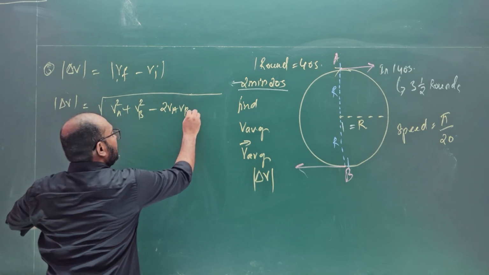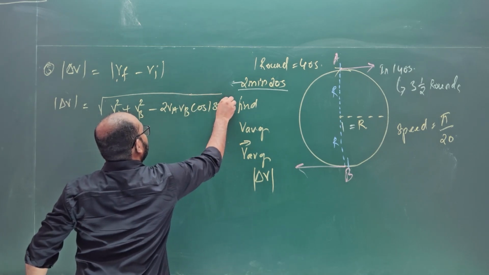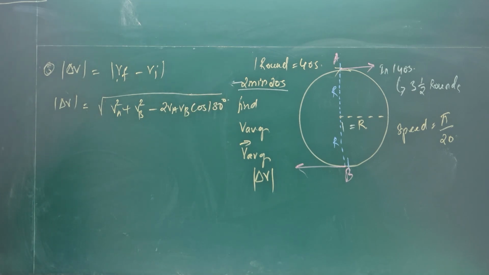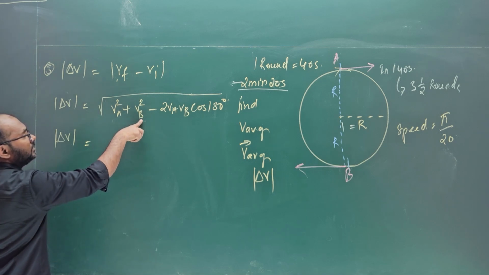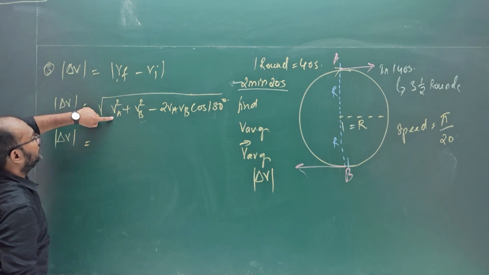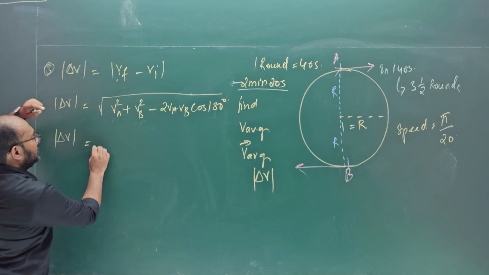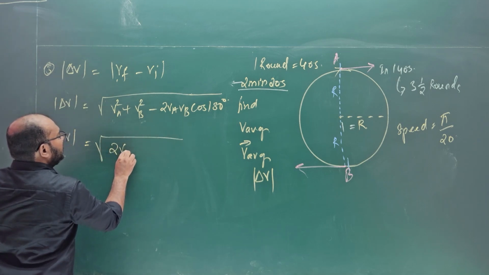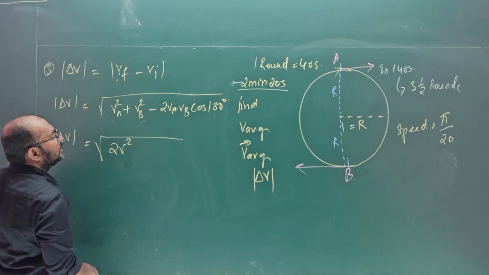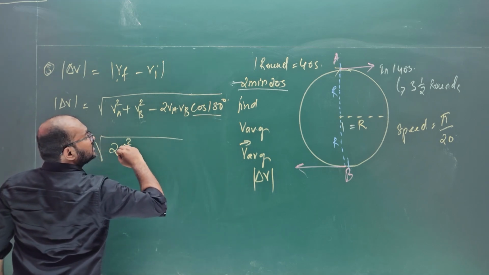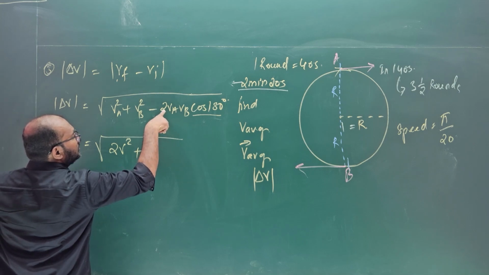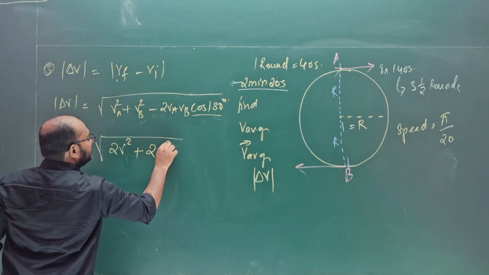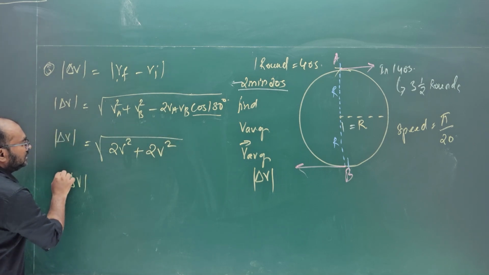That means cos of 180 degrees. VA and VB are equal, so V square plus V square under the root, 2V square, and cos 180 is minus 1, so this becomes plus 2V square.